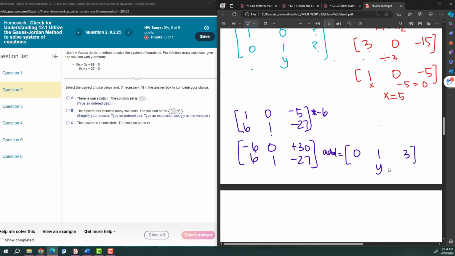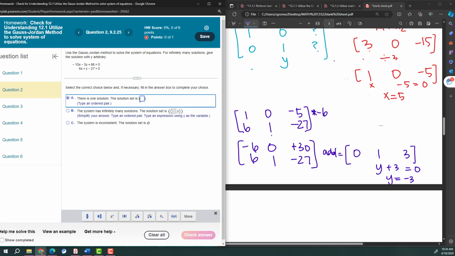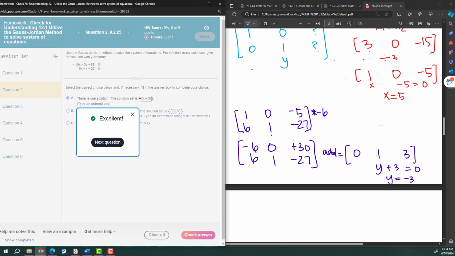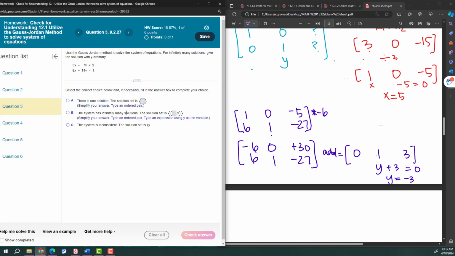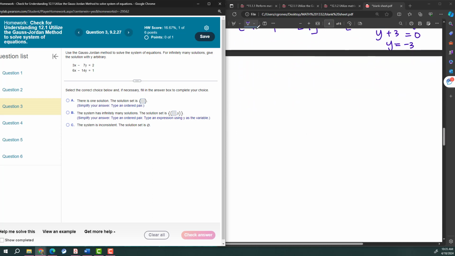So we get that y plus 3 equals 0. So y equals negative 3. All right, so it's going to be the one solution. You're going to put it in parentheses, and we get 5, negative 3. Awesome. I am also going to do number 3.